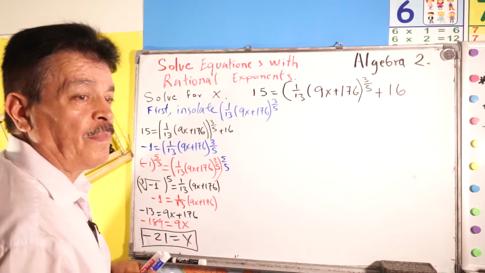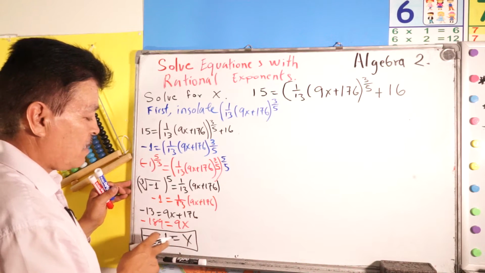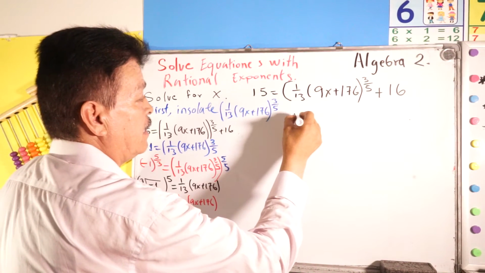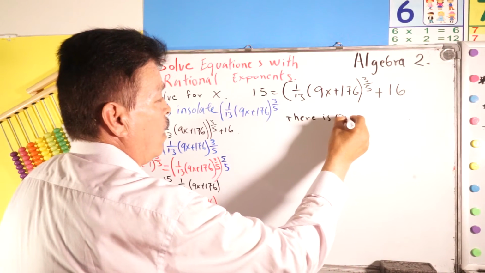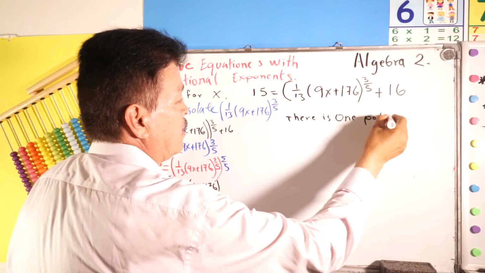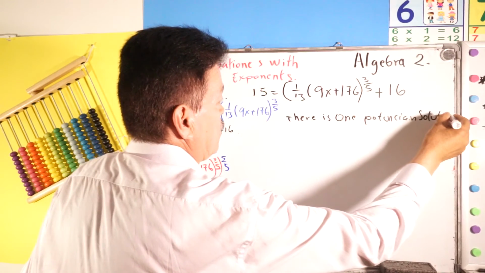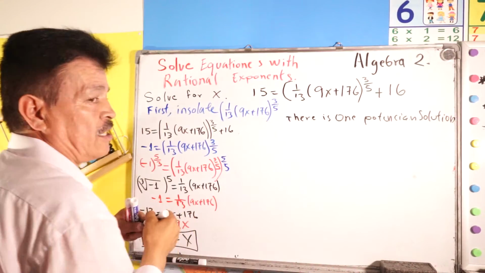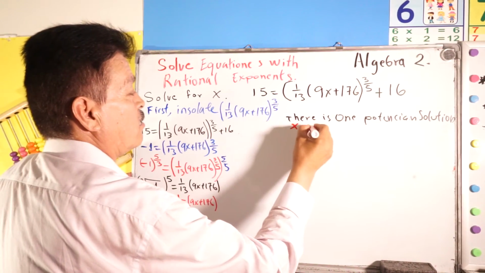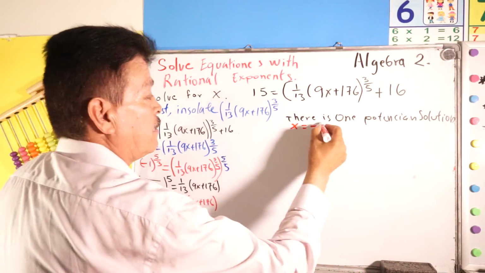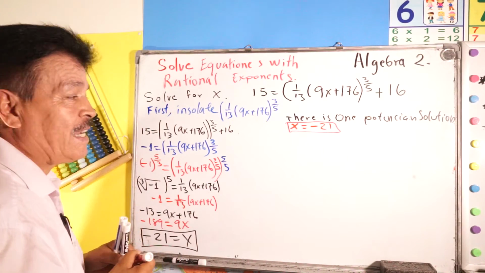So there is one potential solution. Which one? x equals negative 21. Let's check now.